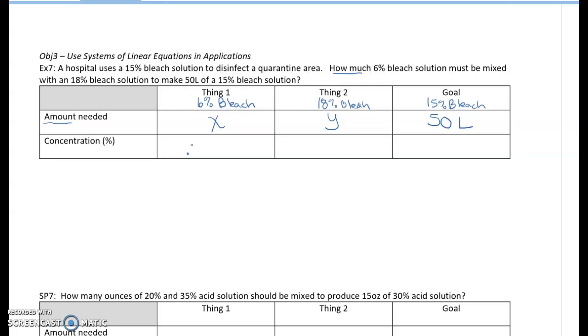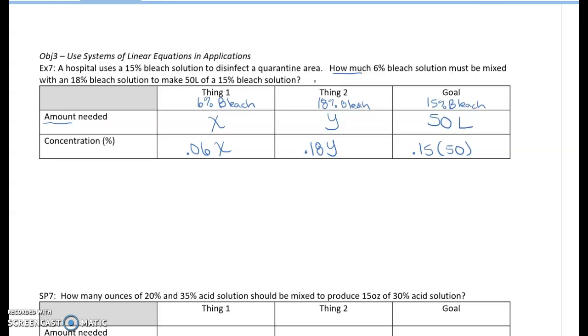So for concentration, this is 0.06 for 6% of however much we have is going to be bleach. And then same idea here, 18%, so 0.18 of however much we need is going to be bleach. Our goal is 15% of that 50 liters is going to be bleach.